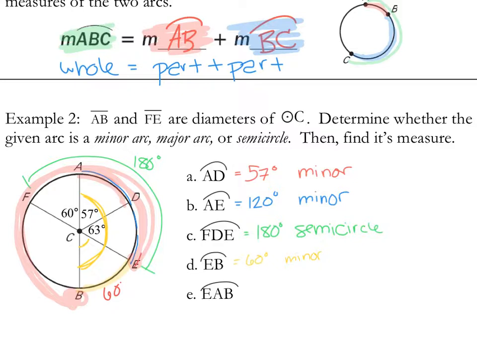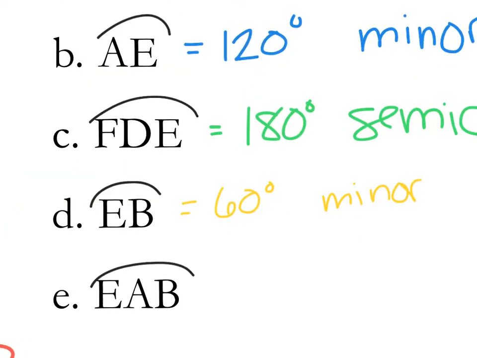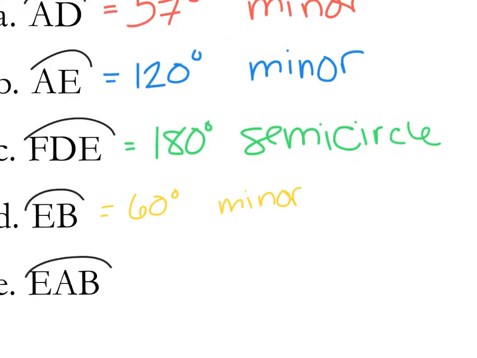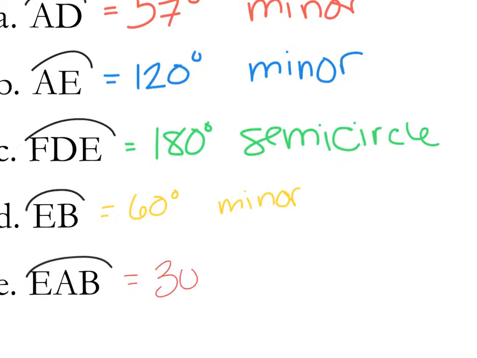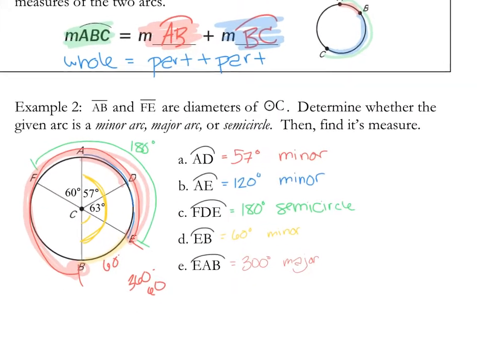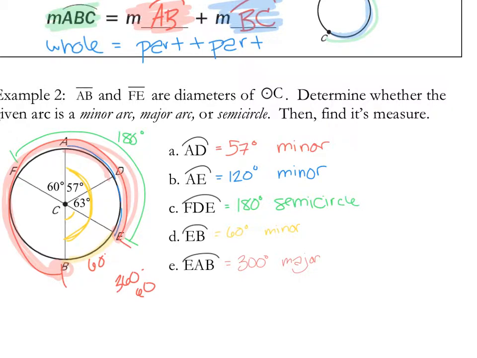So then going all the way around, if I know the whole circle is 360, I can just do 360 minus 60. And I get 300. And that would be a major arc. So using your knowledge of the whole circle being 360, you can find different angles by subtracting.